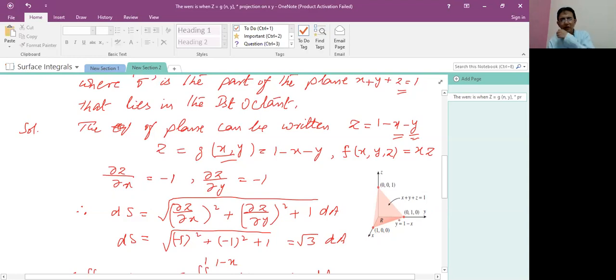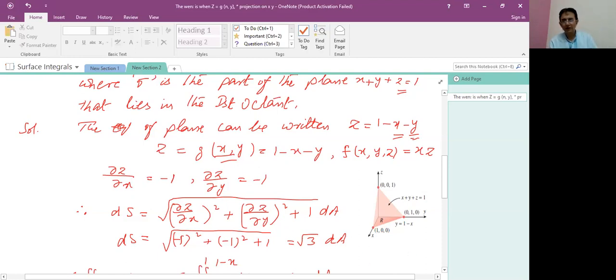So student, you have been given the condition x plus y plus z equals 1. We determine the limit of y as 1 minus x, because when z is 0 on the y-axis, according to the given condition, the limit of y is 0 to 1 minus x. The limit of z is 0 to 1 minus x minus y.